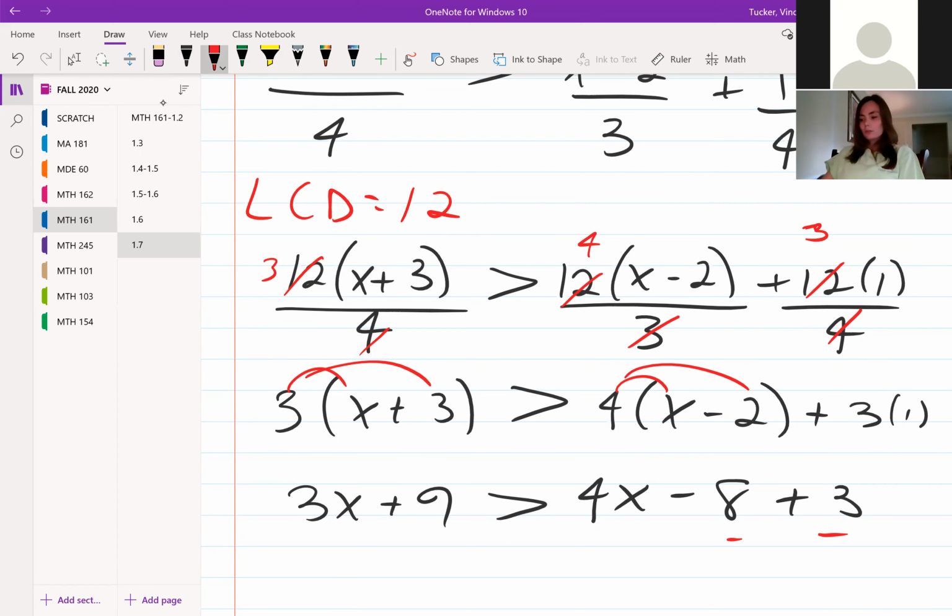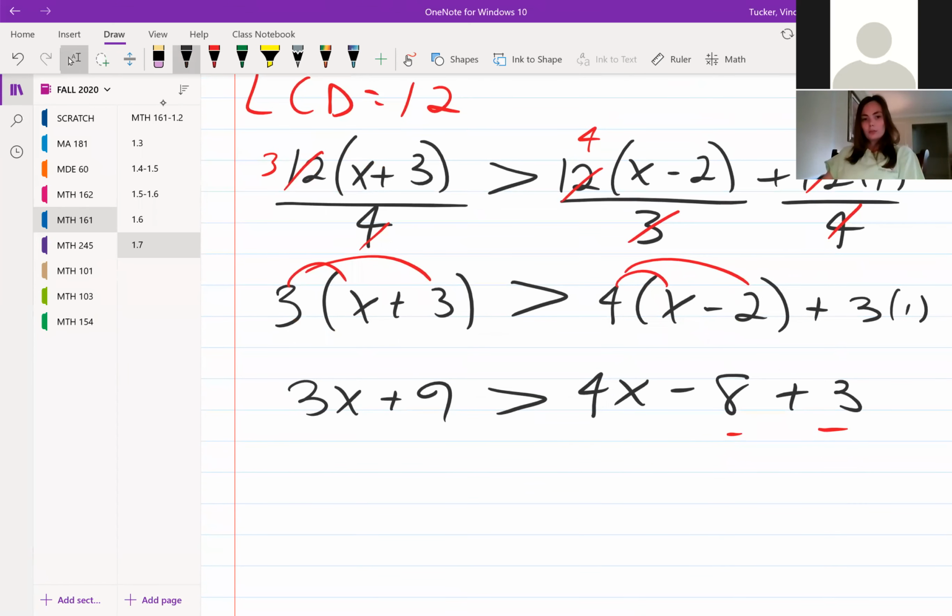You can combine the like terms over here. 3x plus 9 greater than 4x minus 5. Doesn't matter which term we decide to move.